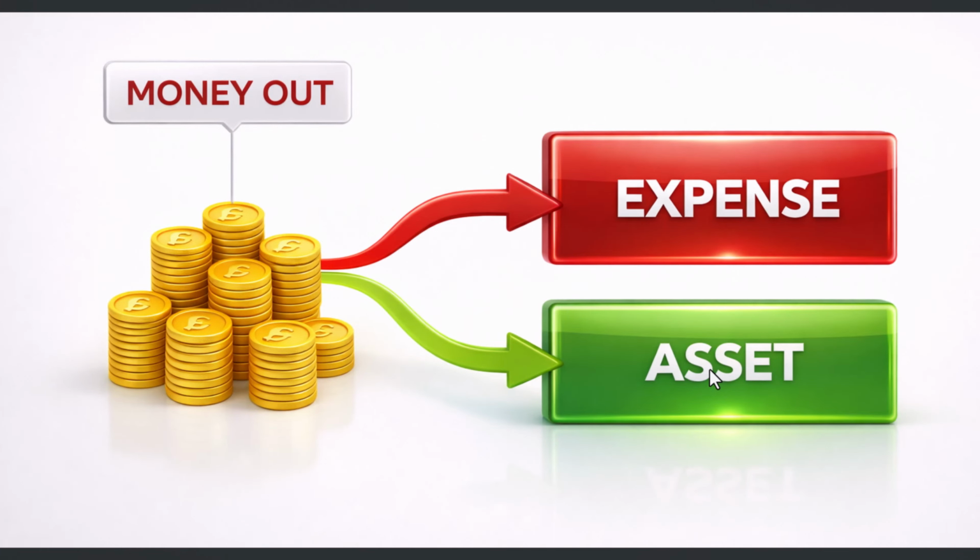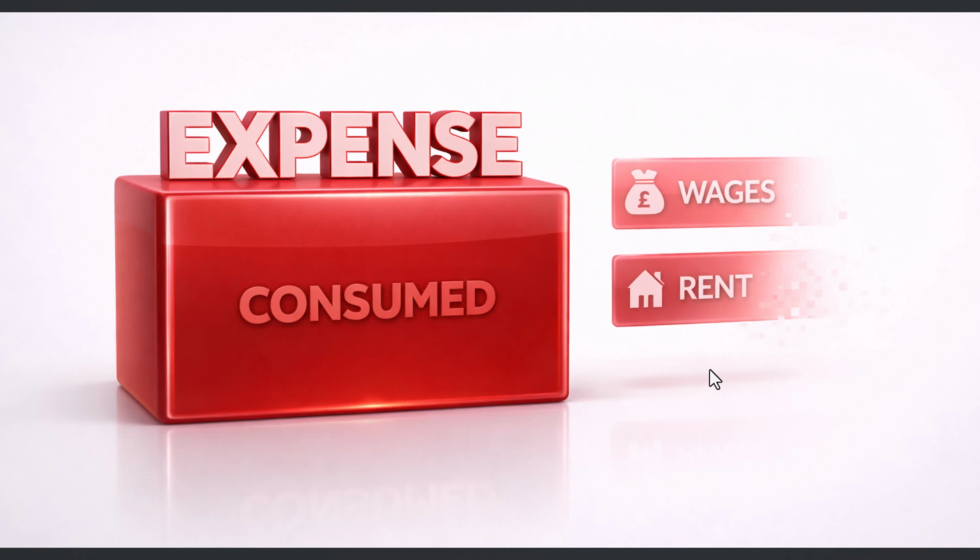Rule 2. When money goes out. Now let's flip it. If money leaves the business, again, you only have 2 choices. Option 1. The money is consumed immediately. It's gone. It cannot be reused. That is called an expense. Examples are wages, electricity, rent, etc. Option 2.